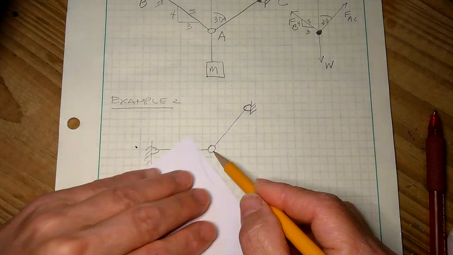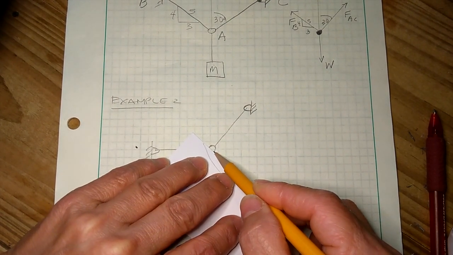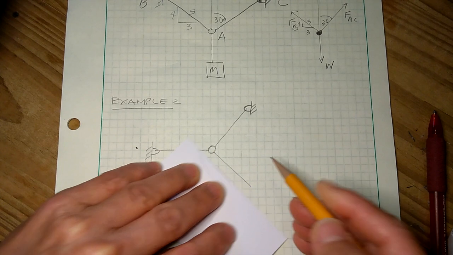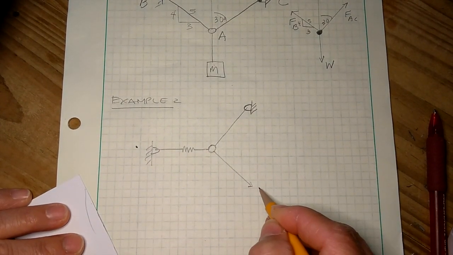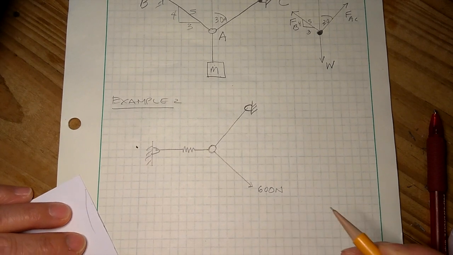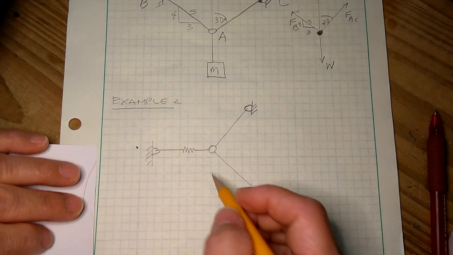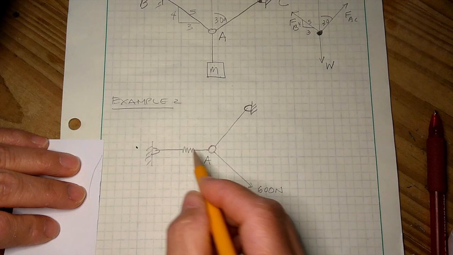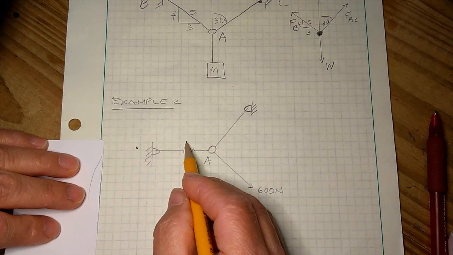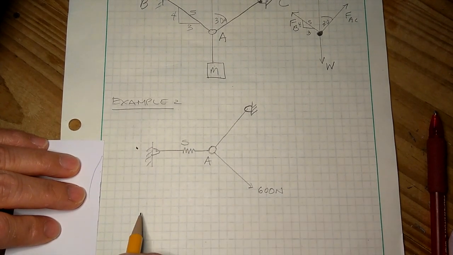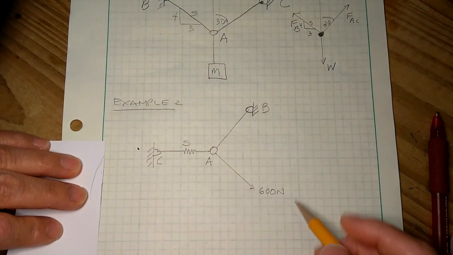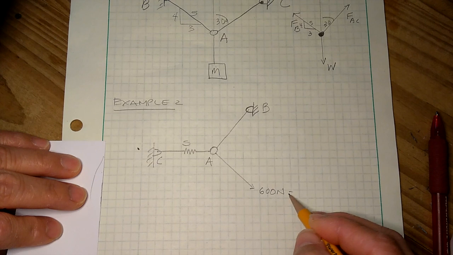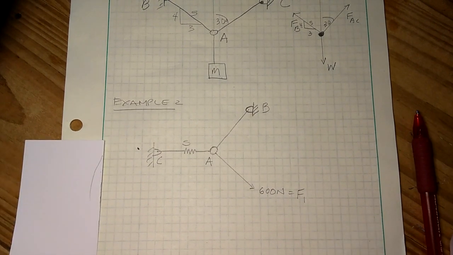And there's a force applied at this ring with a magnitude of 600 newtons. Let's label some points. Let's call the ring A, the spring 1, and this C, B, and let's just call this force 1.